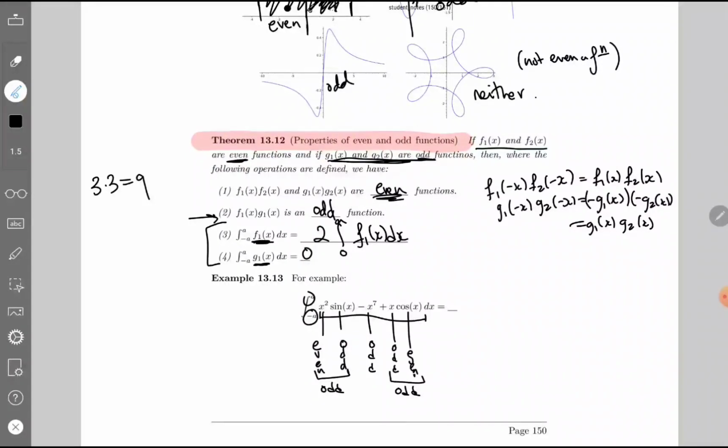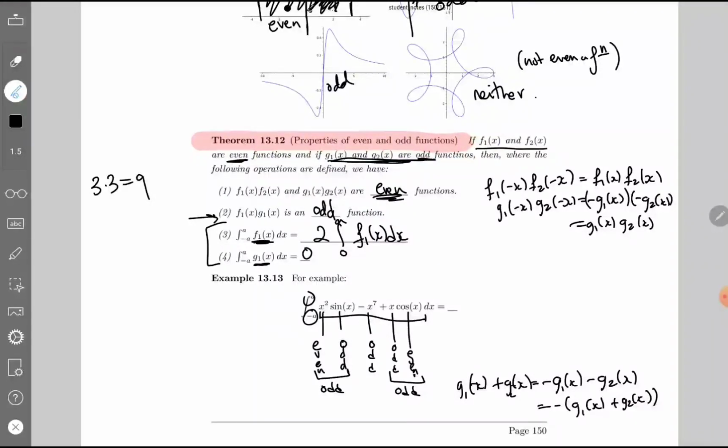And when we're adding things, we're going to keep them the same, right? So if I do f of x plus g of x, it doesn't matter if they're all the same. If these are the same, g1, g2, I can bring out a minus for both, which means I can pull out a minus in front.